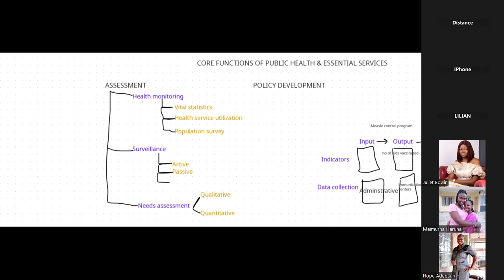But there are cases where we cannot just sit and wait for the report or data to come, maybe because the disease is very morbid or the mortality rate is high. That's where we can do active surveillance. For certain kinds of outbreak, we need to do active surveillance.